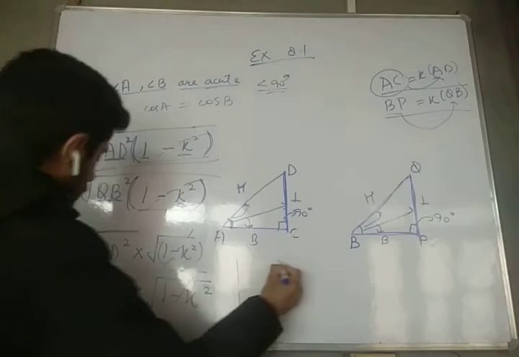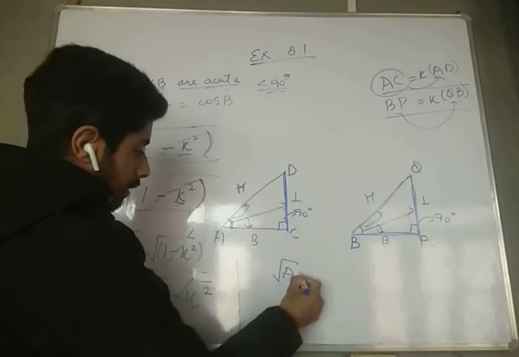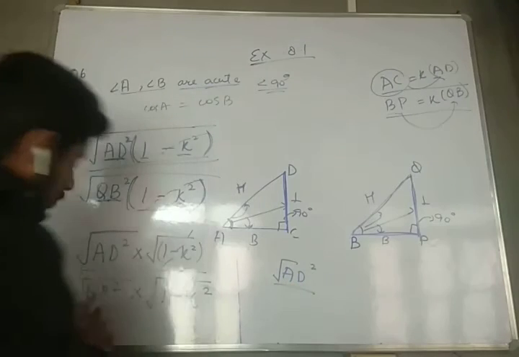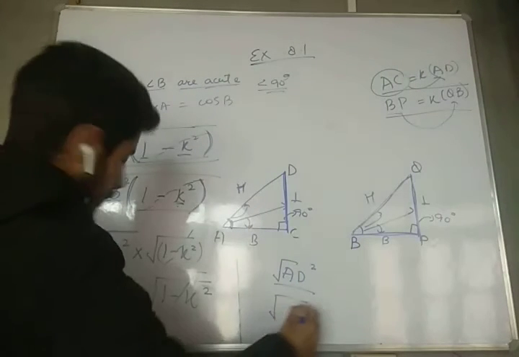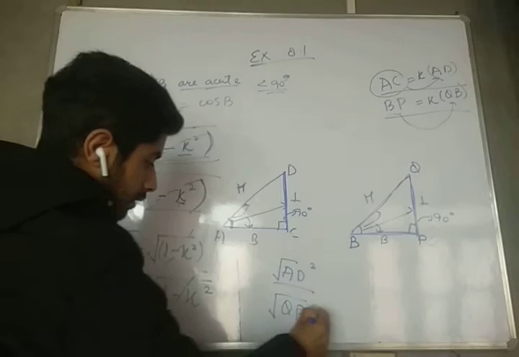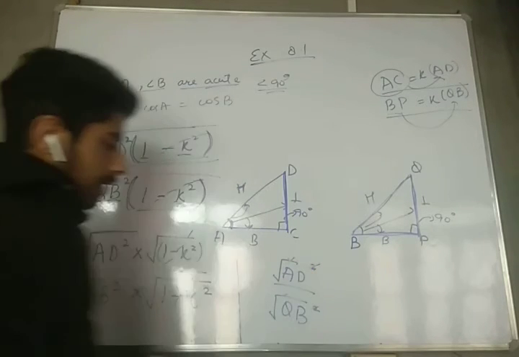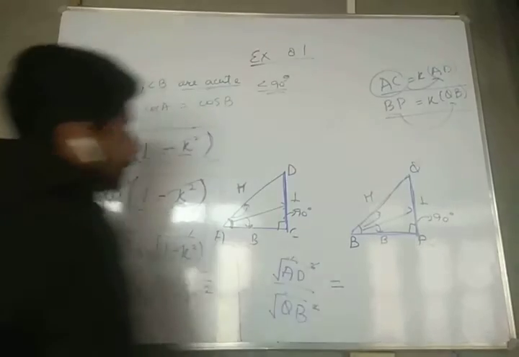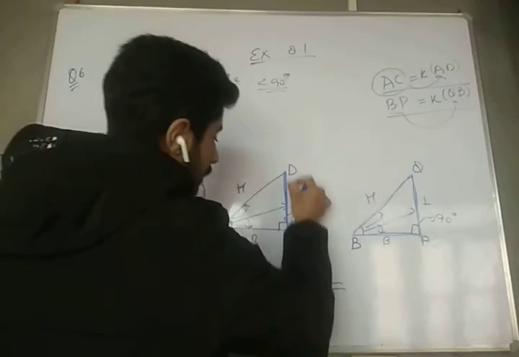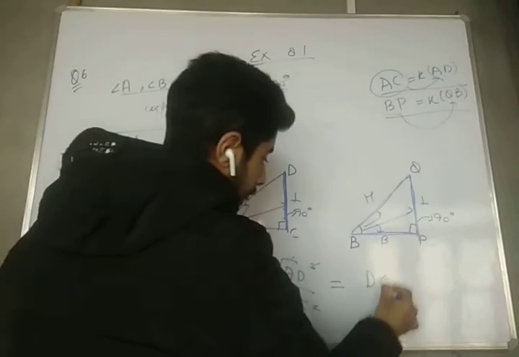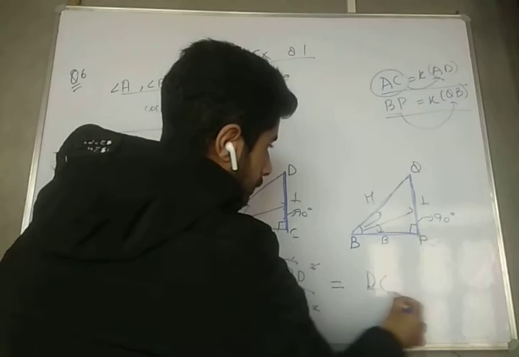So we are left with square root of AD square over square root of QB square. Now the square and root will go. It's equal to, basically we have divided this DC by this QP.